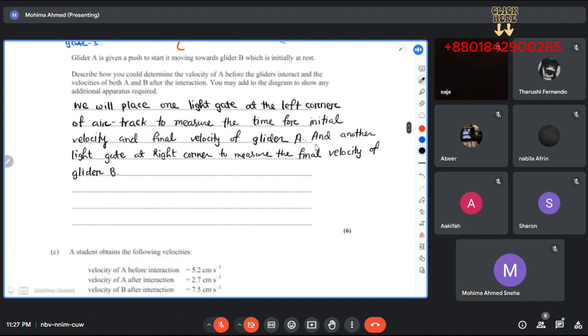And then again, I can measure the length of the two gliders using a meter ruler. Oh, sorry, wait 1 minute. We're also supposed to write that the light gates should be connected to a computer to measure the time.